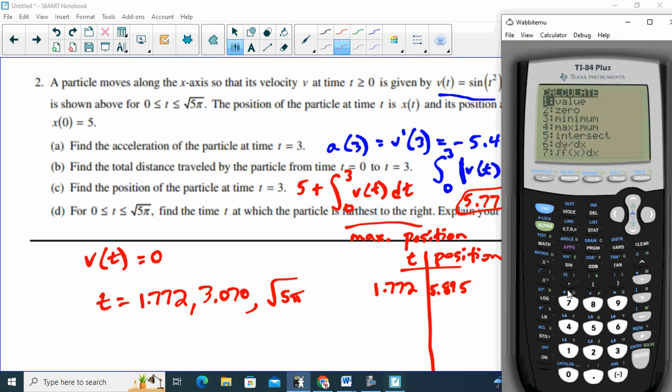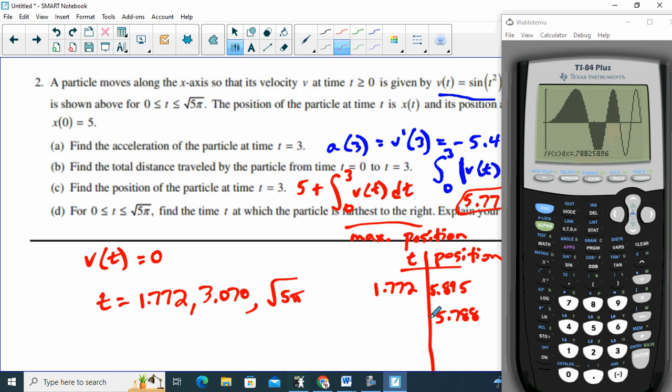Find the position at 3.070. Start at 0, end at 3.070, plus 5 gives me 5.788. And at square root of 5 pi, we would do the same thing, but change the end value. Plus 5 gives us 5.752.